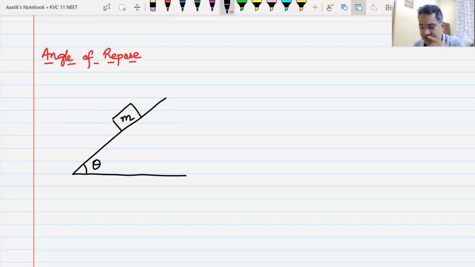If the angle is 0, if it is horizontal, the block is not going to move. But slowly, if you keep on increasing the angle of inclination, at some point in time, the block is going to slide. Yes or no? Do we understand this?